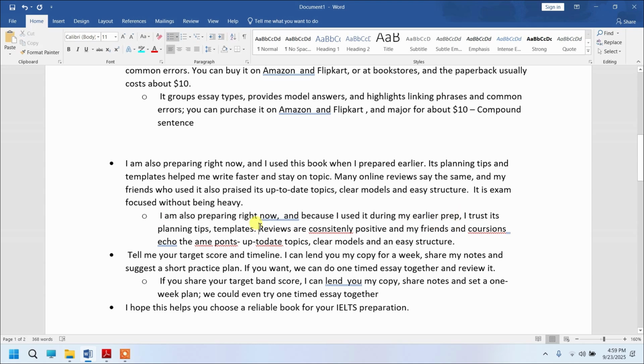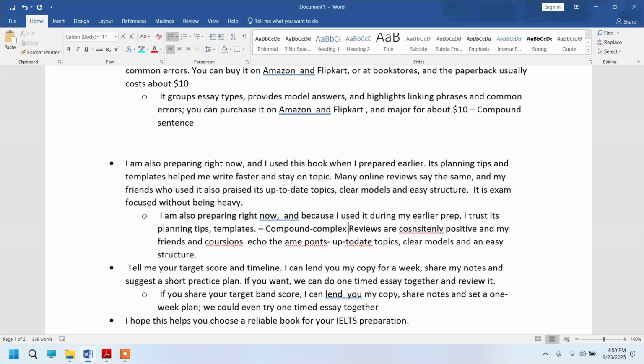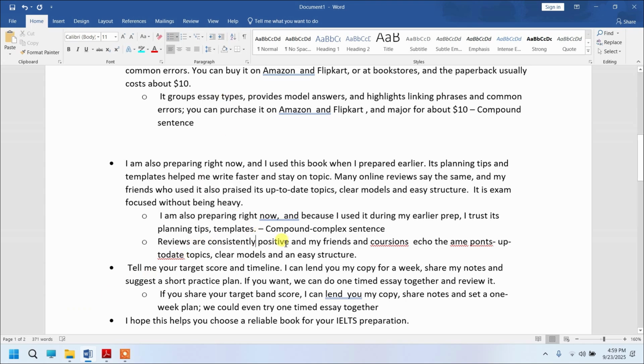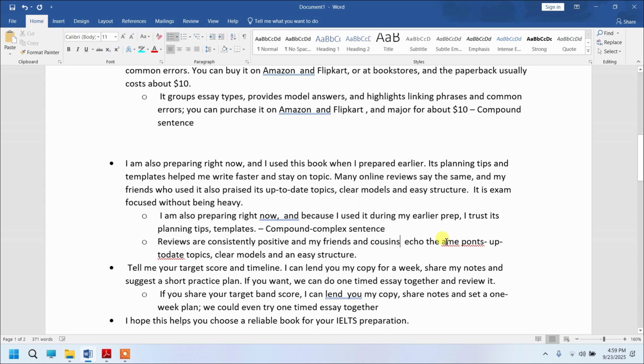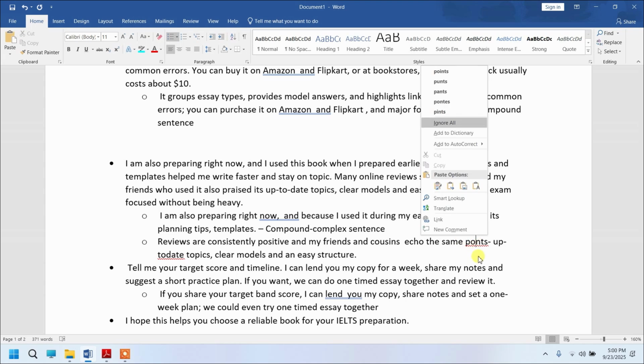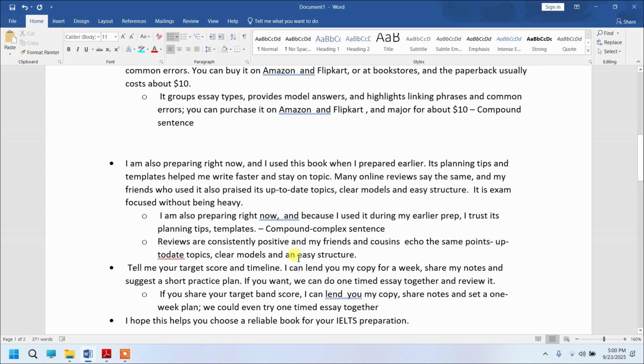So this particular one is a compound complex sentence. Okay. Reviews are consistently positive, and my friends and cousins echo the same points. Up-to-date, so there should be a hyphen here.